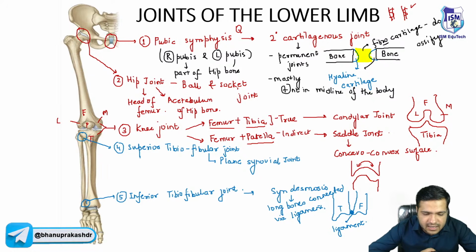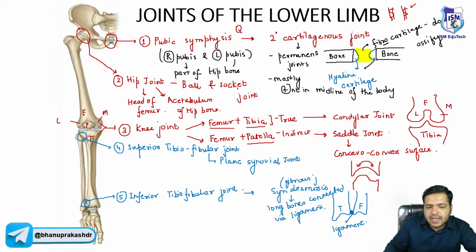So we have the inferior tibiofibular joint, which is a type of syndesmosis, and syndesmosis is a type of fibrous joint only.